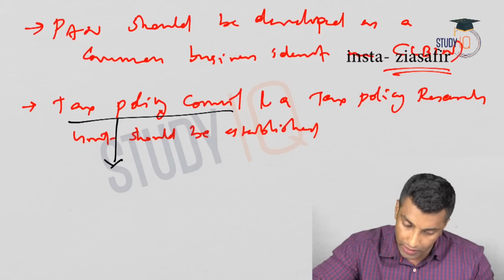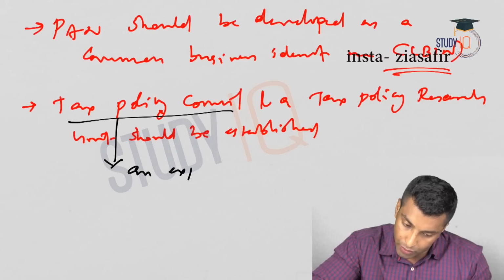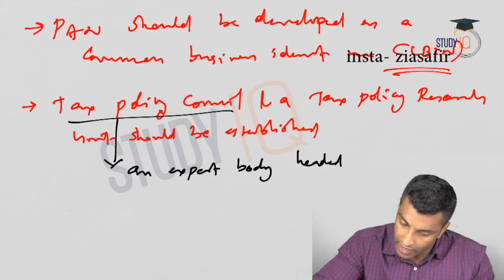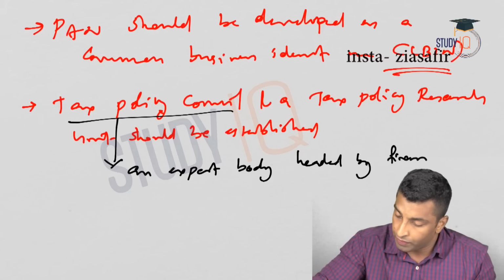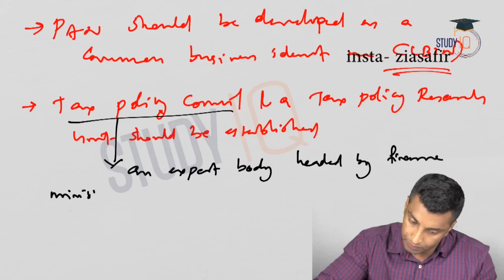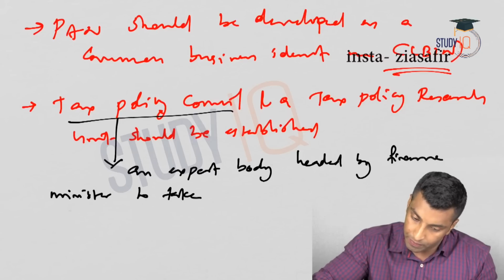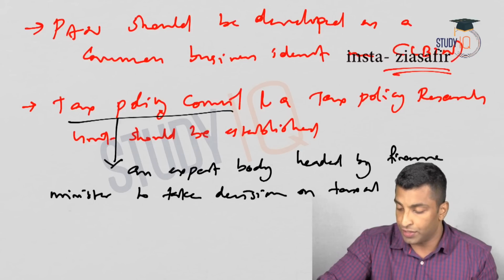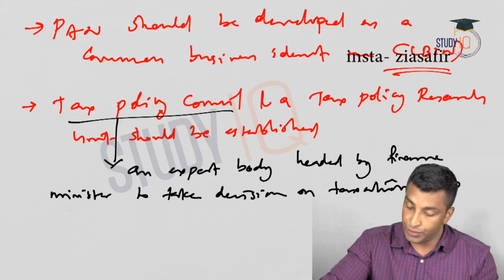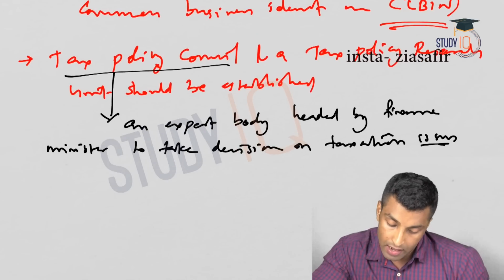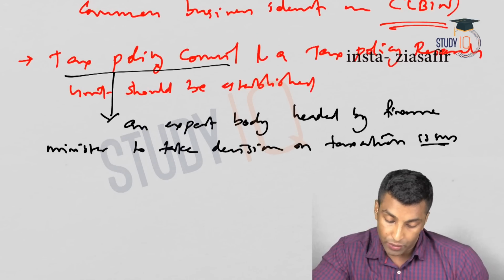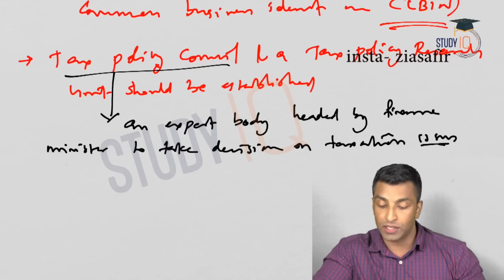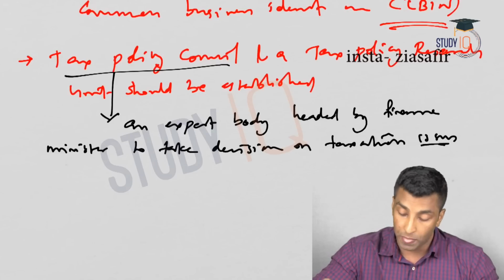A tax policy council is actually an expert body headed by the finance minister to take decisions on taxation issues. Okay, so a tax policy council and a tax policy research unit to be established. So the tax policy council is basically an expert body headed by the finance minister to take decisions on the taxation issues.